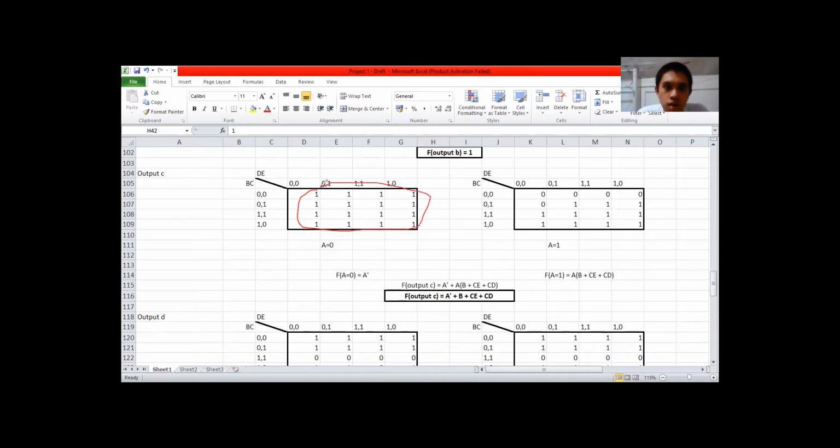The entire part of the K-map. If A is equal to 1, the grouping is this one. Here's the second group. The third group is this one.